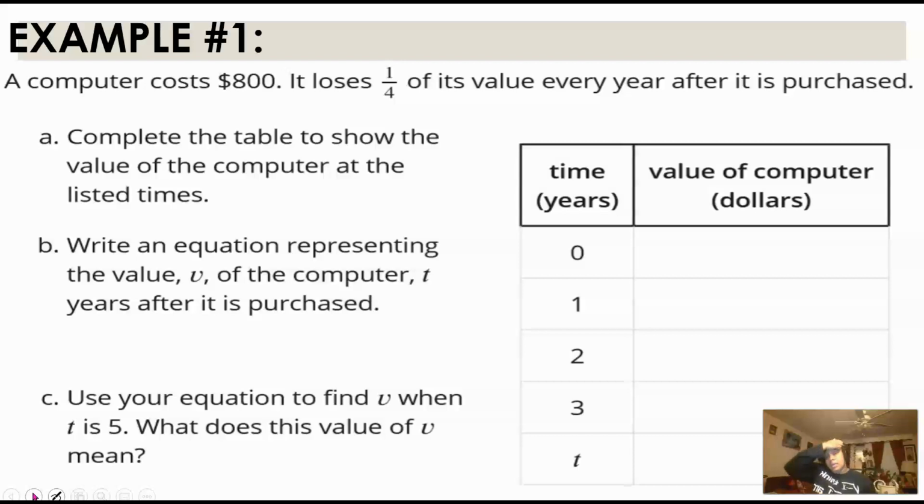This example here. A computer costs $800. It loses 1/4 of its value every year after it is purchased. Now, what I want you guys to remember is that when we're talking about 1/4 of something, what is left over from 1/4?